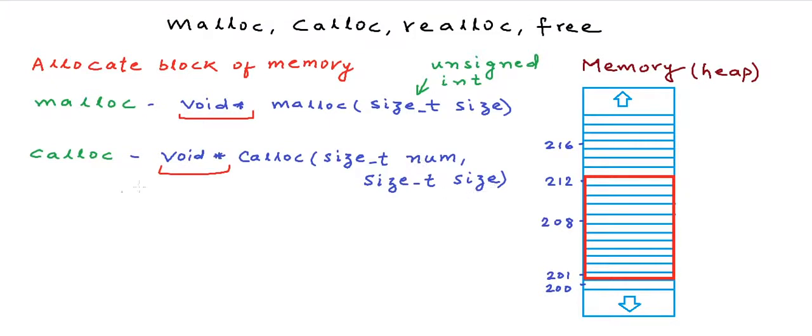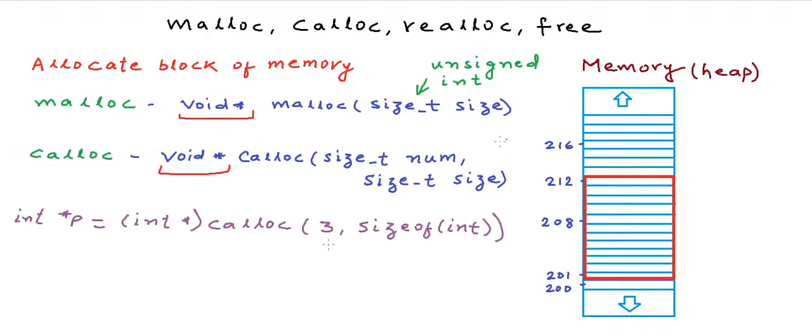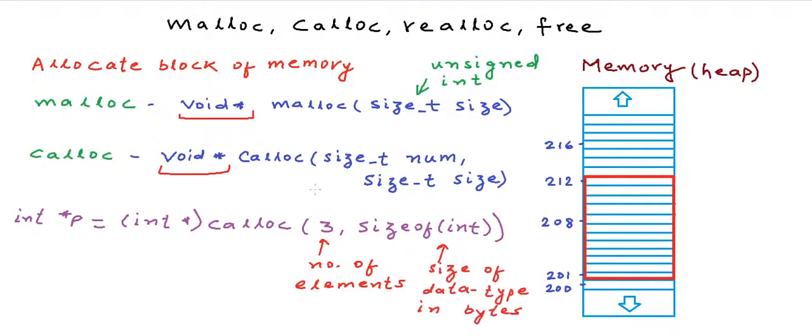So with malloc, if we have to declare an integer array of size 3, we would say 3 times sizeof(int). With calloc, we would say something like this. The first argument is how many units of the data type you want, or the number of elements, and the second argument is the size of the data type in bytes. There is one more difference between malloc and calloc.